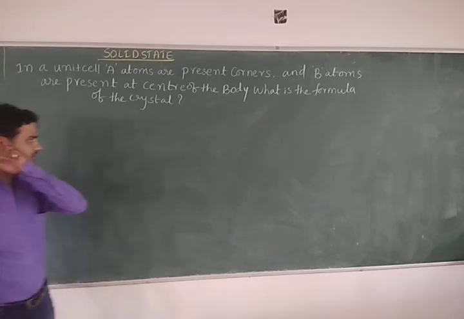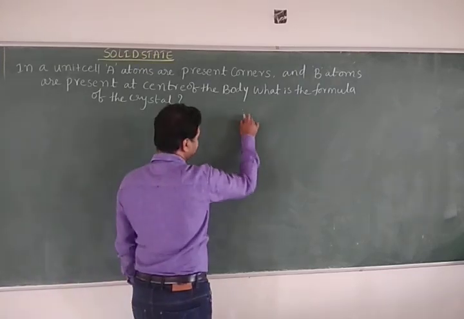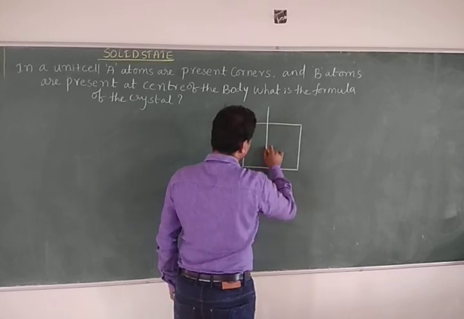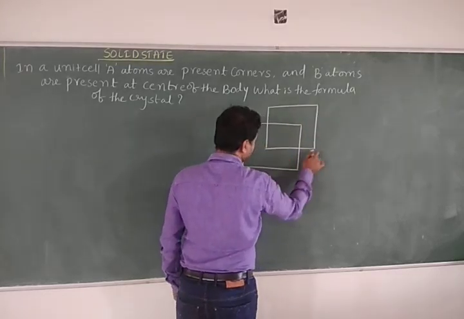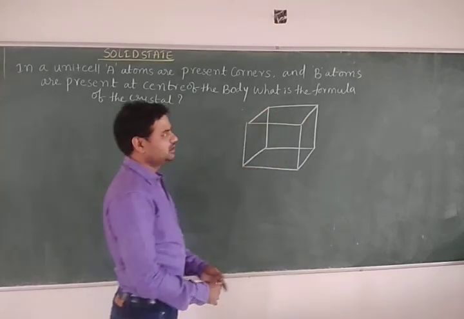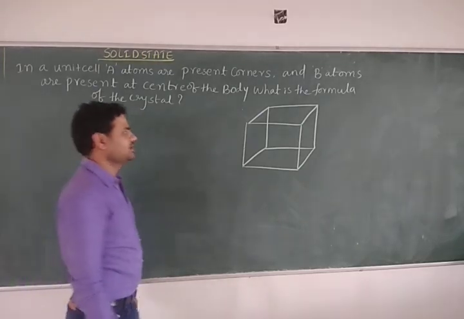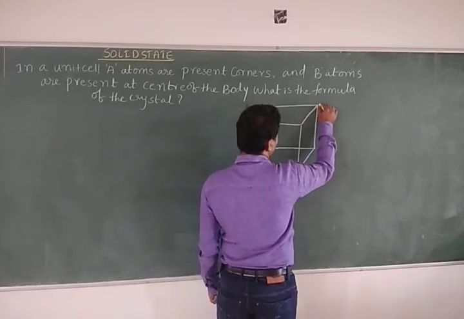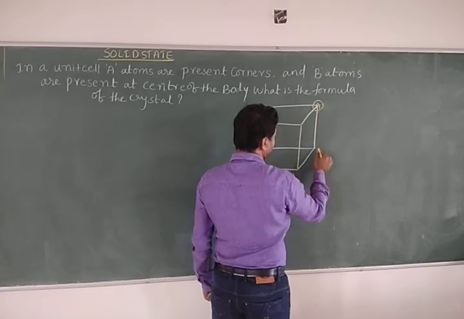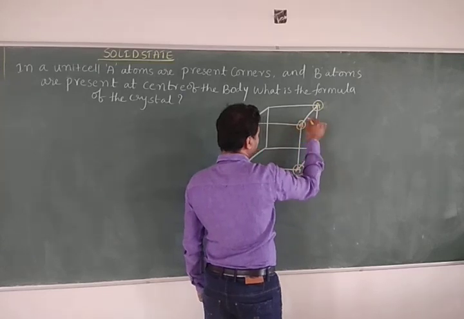If they give this kind of question, how can you solve it? First we have to draw the unit cell. So this is the unit cell which we are drawing now. In the question it is clearly mentioned that A atoms are present at the corners, so these are all A atoms.